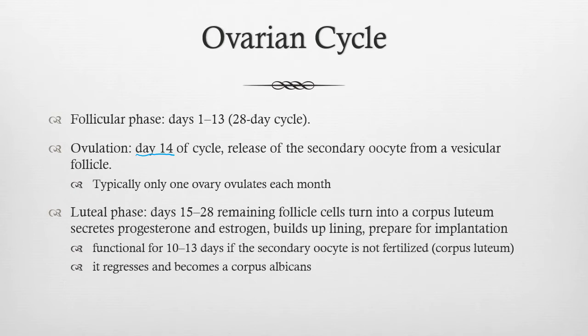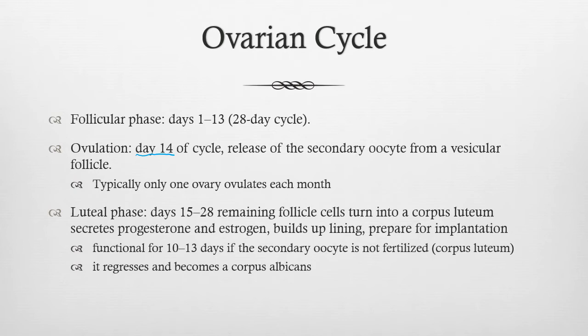After ovulation, the ovary then goes into the luteal phase, and this goes all the way from day 15 to the end of the cycle, where day 28 is essentially the last day, and the next day would be when menstruation begins once again.